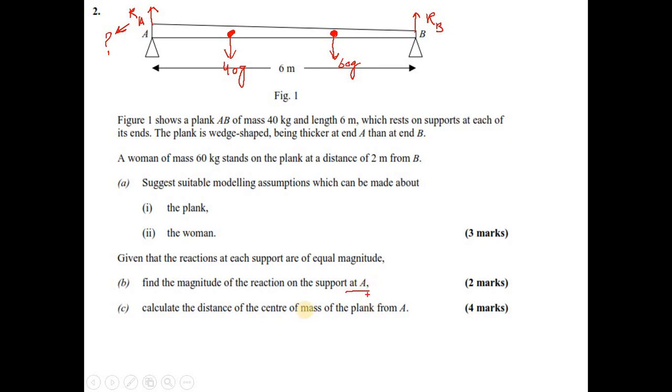But the important point is they are saying that the reaction at both ends are equal, so RA equals RB, because they have an equal magnitude, so you can say that it is R. Now we don't need to bother about the moment, because we have the forces up and down, and we know that the upward forces are equal, so the upward we have two forces, RA plus RB, that means 2R is equal to the downward forces 60G plus 40G, so this is 100G, and then R is equal to 50G.